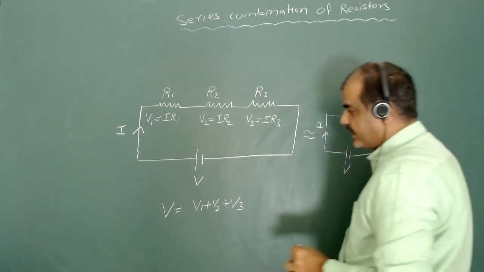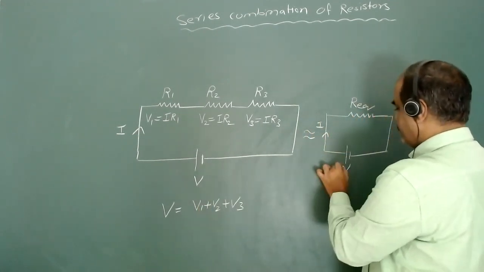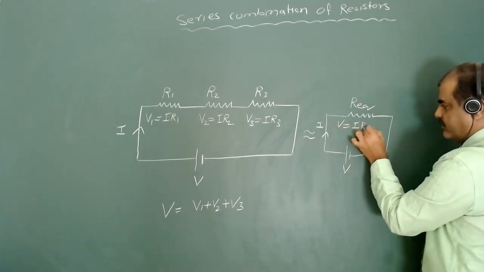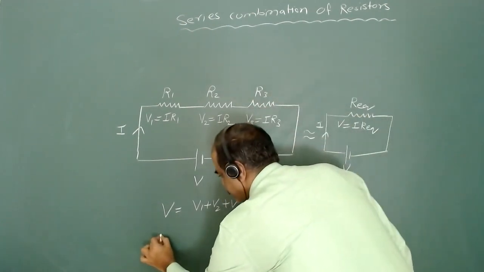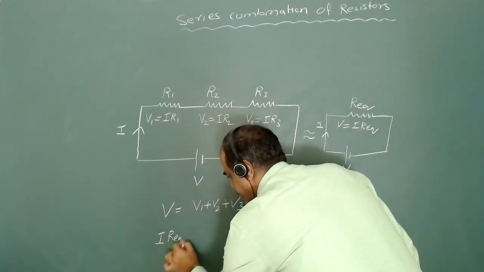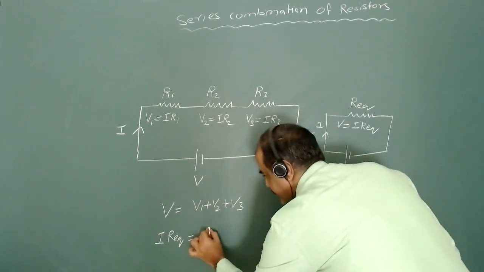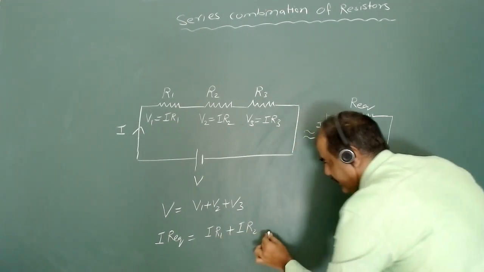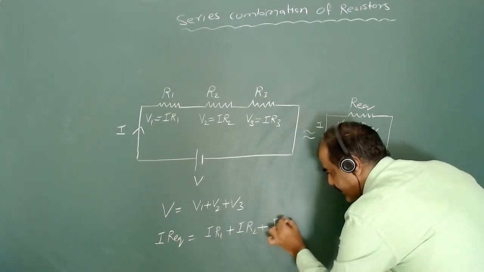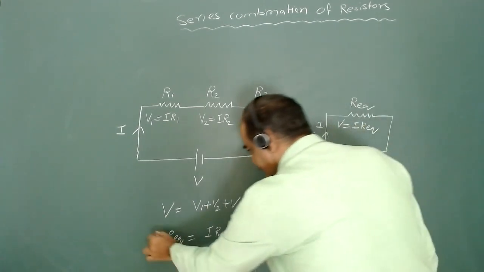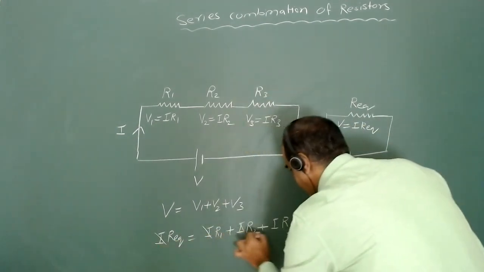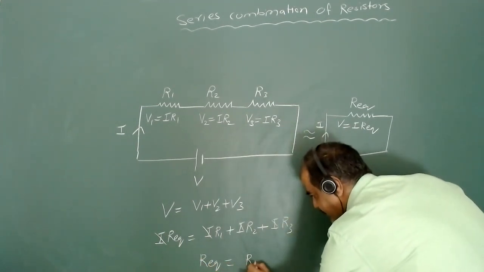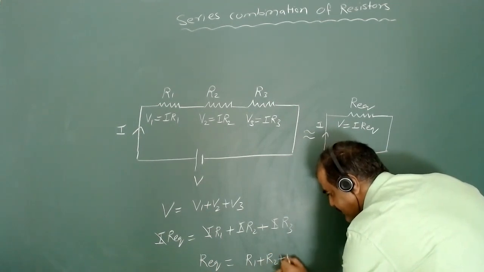So I can write V equal to I R equivalent. V1 is simply I R1, V2 is I R2, and V3 is I R3. So I will be cancelled out, and my R equivalent will be simply R1 plus R2 plus R3.